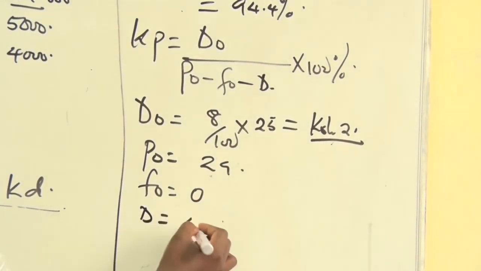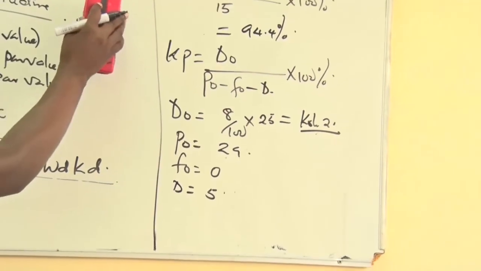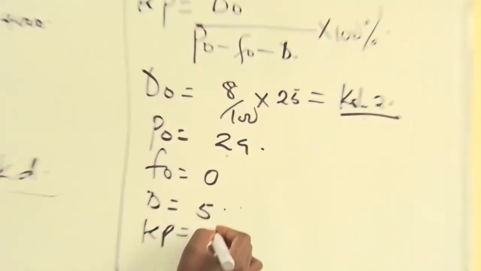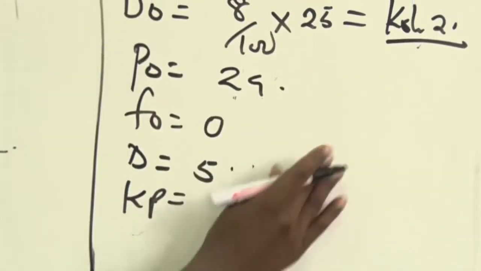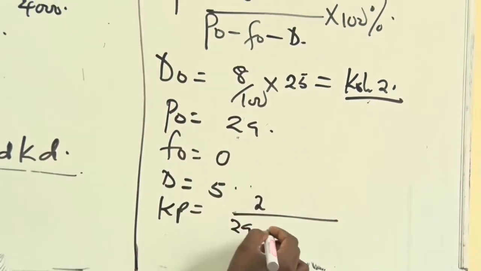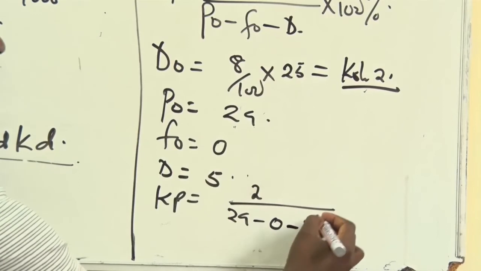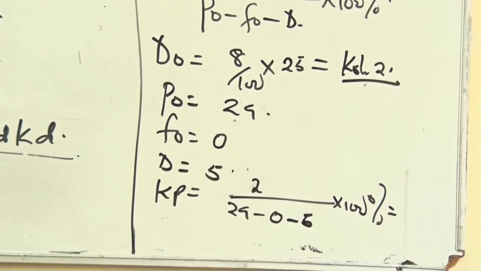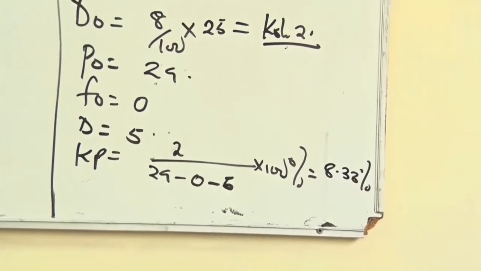So I can write my formula: KP equals DO, the dividend per share, which is 2, all over PO, which is 29, minus FO, which we are not given so it is 0, minus the discount, which is 5, times 100%. If you do that, the result is 8.33%.